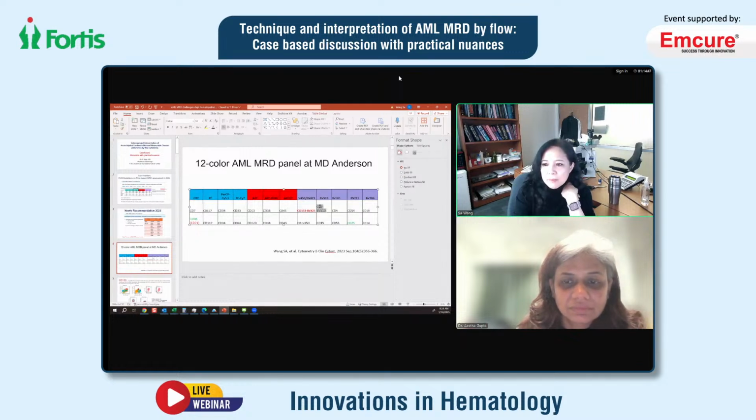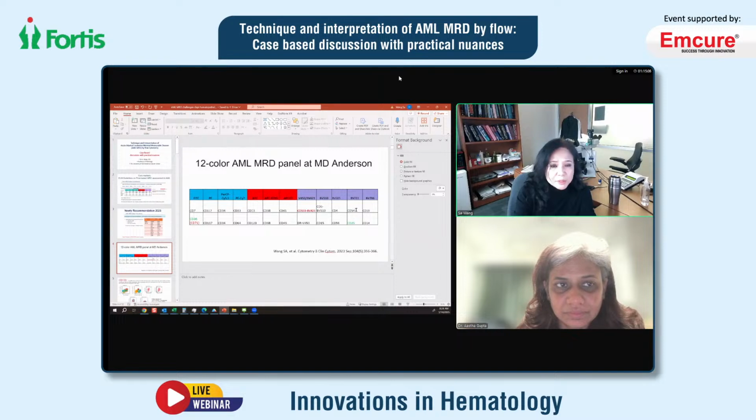I actually recommend that people who want to adopt this maybe change it to CD11b, but I do think CD54 and CD133 are very, very useful, especially CD54. CD54 is also positive in NK cells and plasma cells, and sometimes in the CD45 dim gate it really helps you for that too.